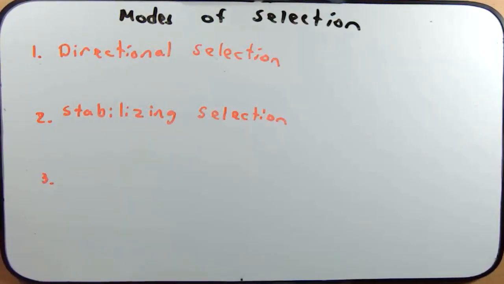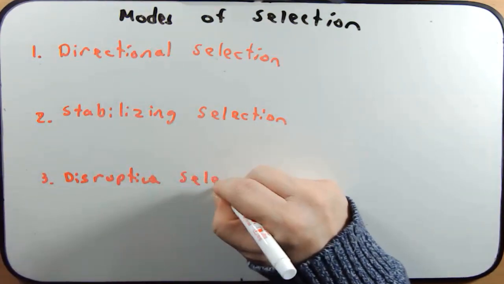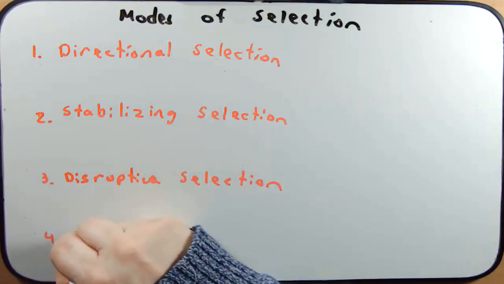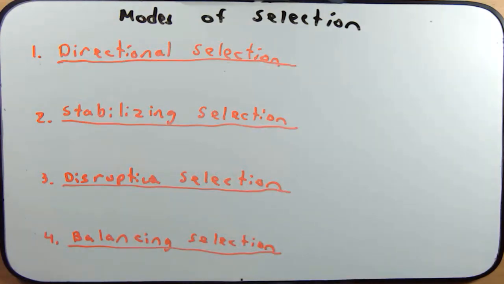The third is disruptive selection. And then our last one is balancing selection. I'd like to give a brief definition of each of these, and then I want to go on and talk about each one in a little bit more detail.